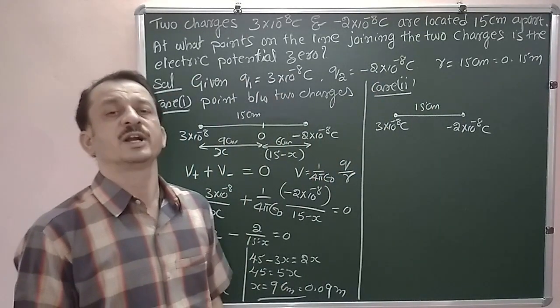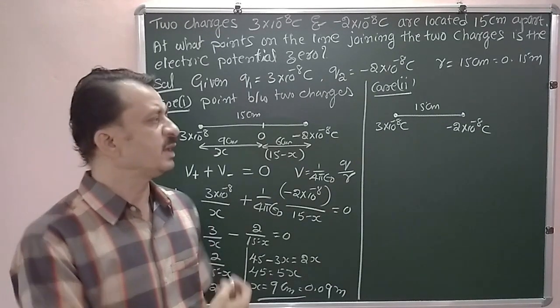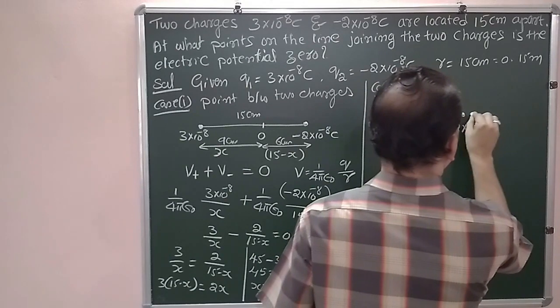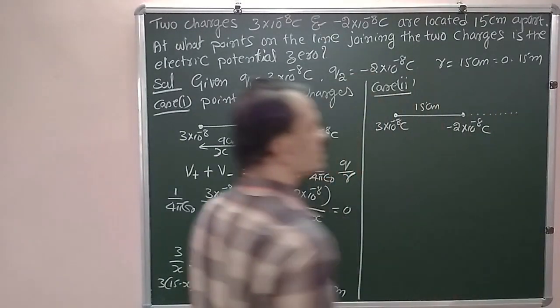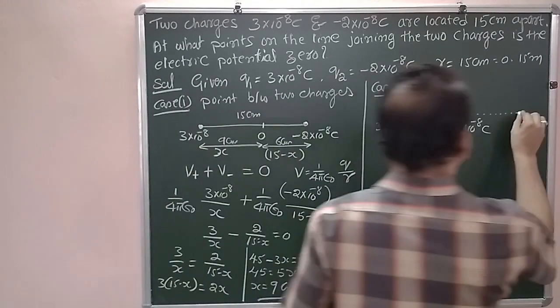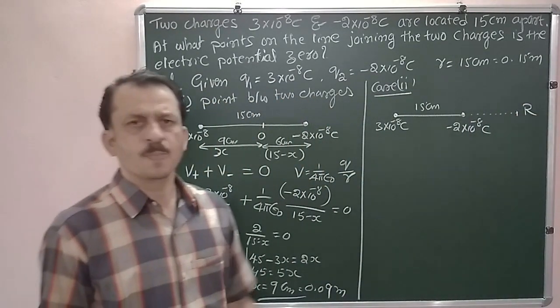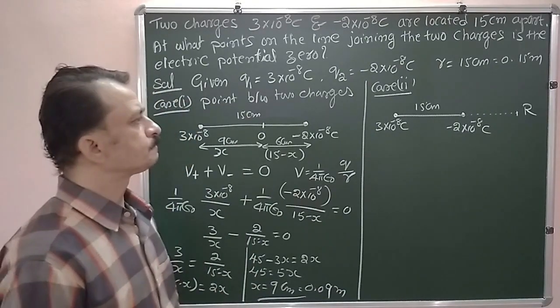Now let us assume that the second point is towards the negative charge, at which the potential due to the two charge system is 0.